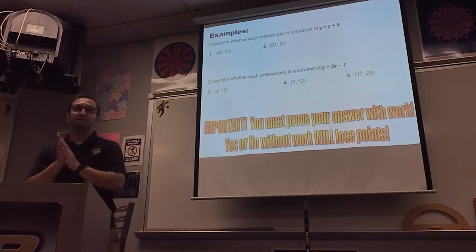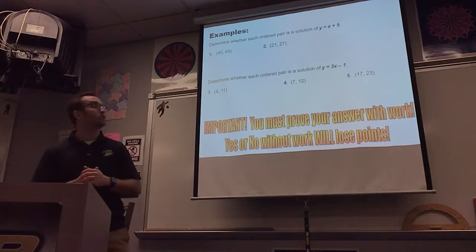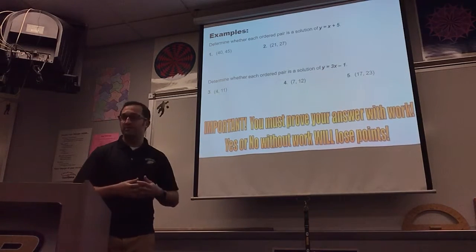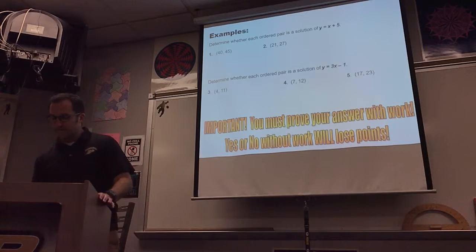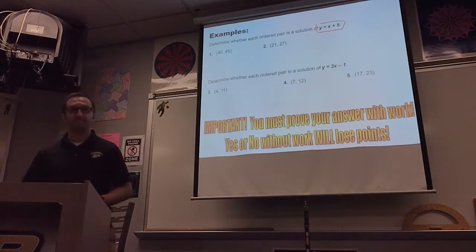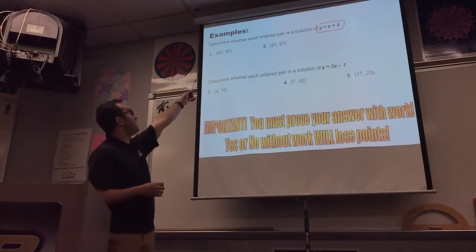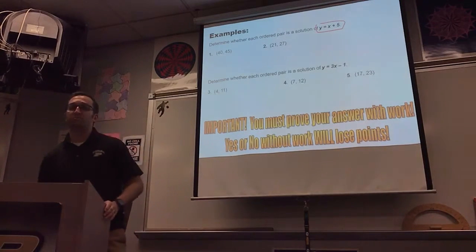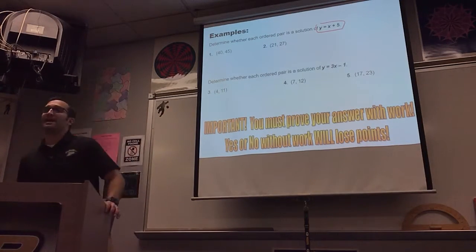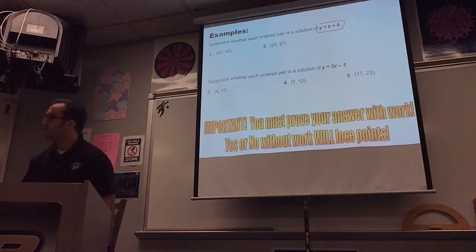So, let's start off with the easy one. Determine whether the ordered pair is a solution of this equation. You'll notice right away that there's an equation, y equals x plus 5. Keeping in mind that these are ordered pairs, number 1 is an ordered pair. What is my x in that ordered pair? 40.